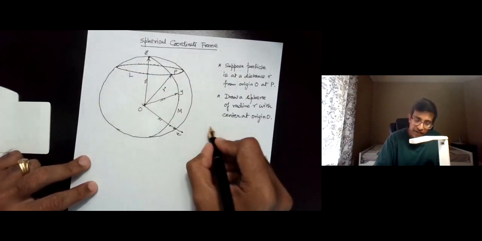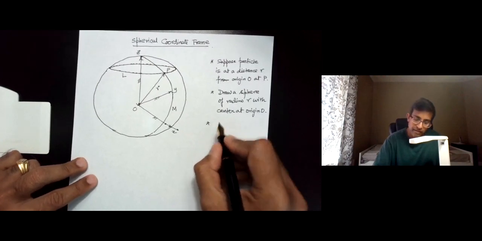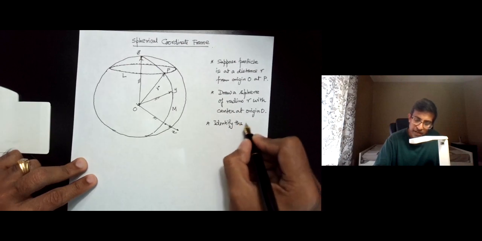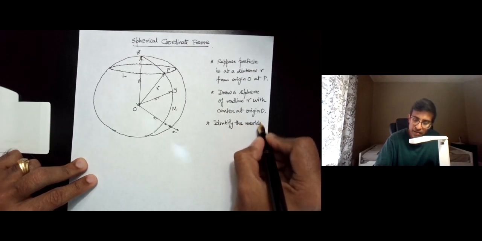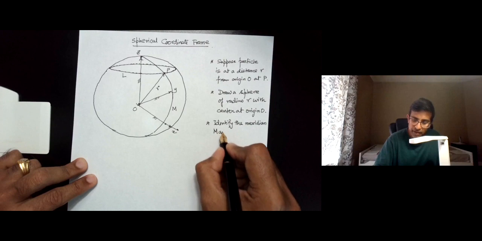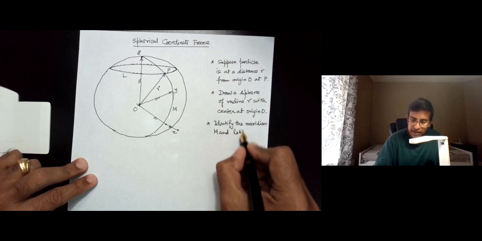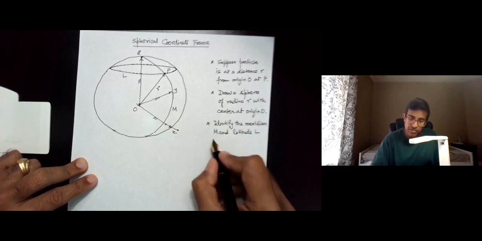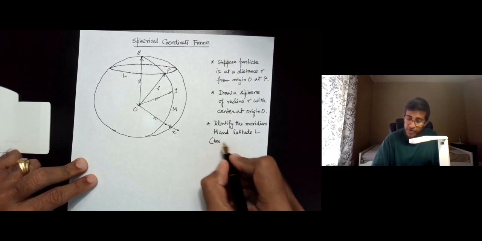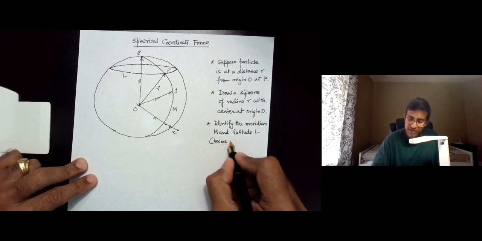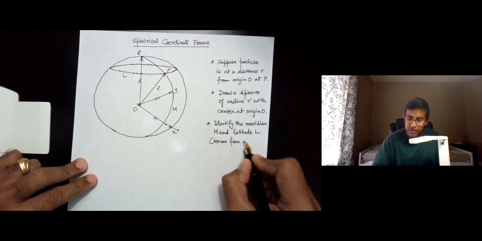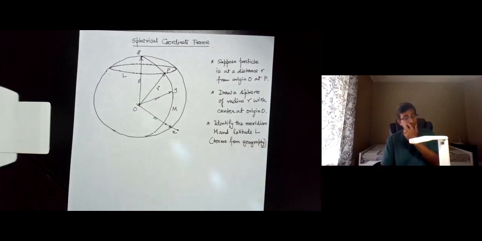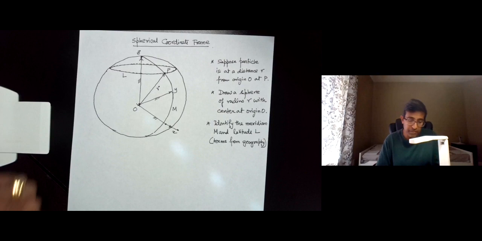So identify the meridian M and latitude L. So we are taking terms from geography, and we are doing this because it just helps us define the coordinate frame.